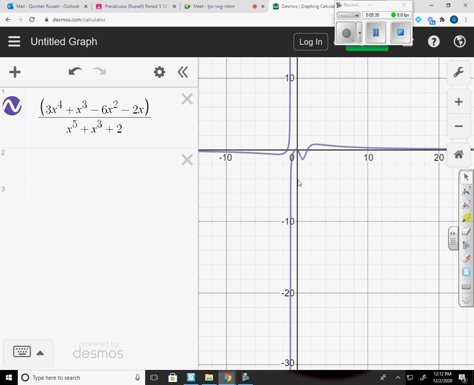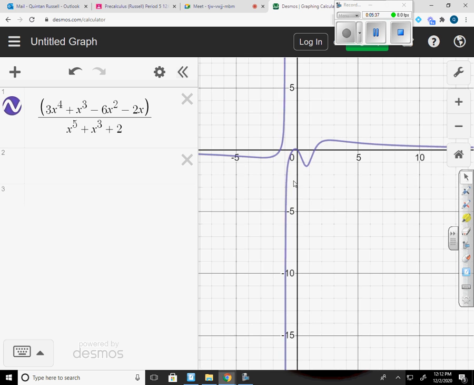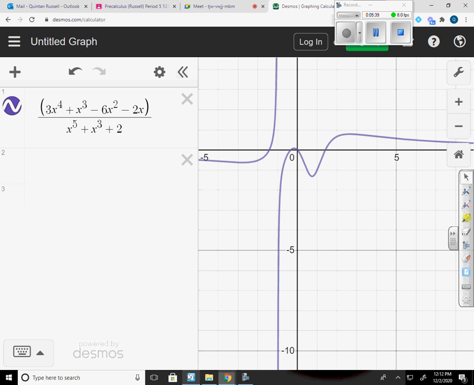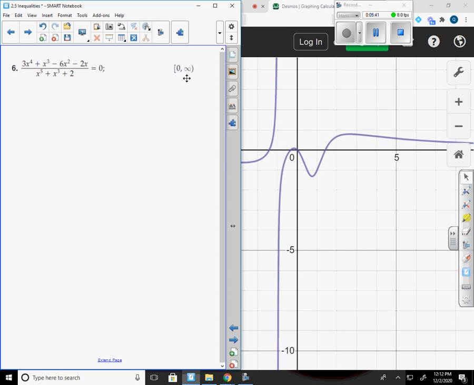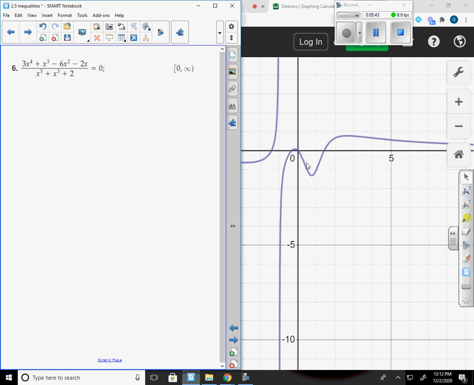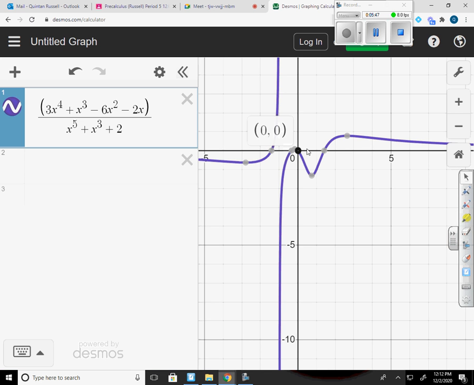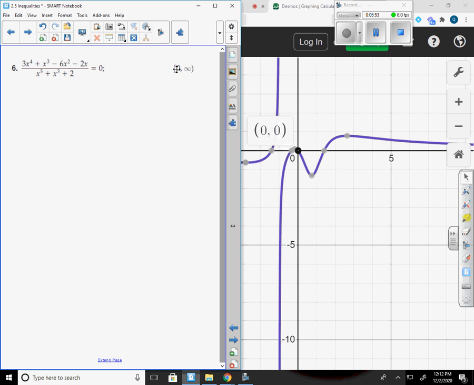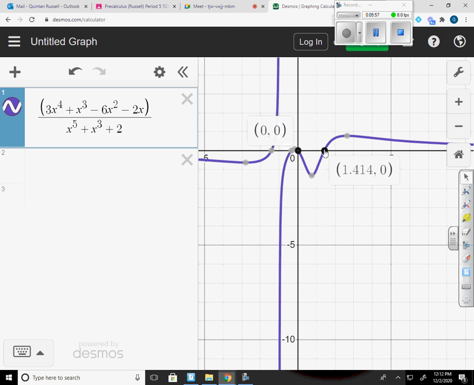And now I'm looking for where it's equal to 0. So did it ask me for an interval from 0 to infinity? So if I'm looking for where it's equal to 0, and click in this spot here, 0, 0 counts because I had a bracket on that side. The next point would be here at 1.414 and 0.